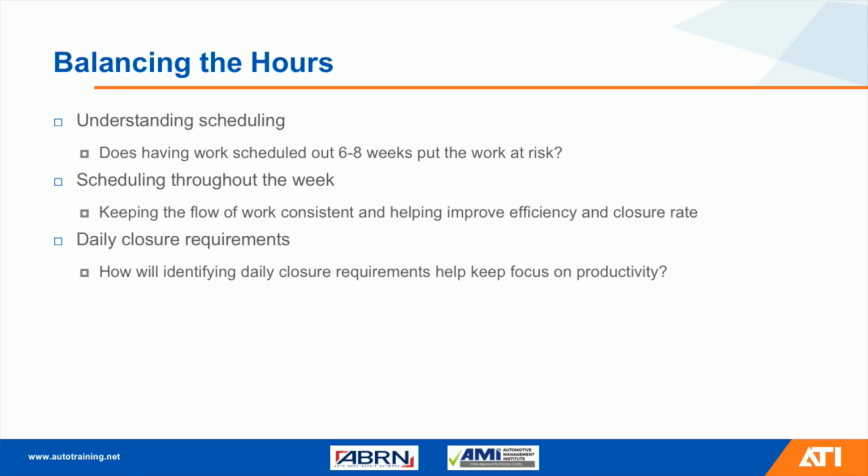So again, it's important to understand how we have to bring the cars in, and what our closure requirements should be. So if I have a 5-day week, I want to close 15 cars that week. It gives me a target of 3 cars per day, and that's going to be the target that you would look to complete.